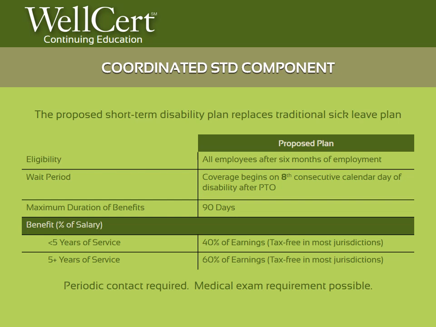And it could be, for instance, work days or calendar days, depending on how you wanted to structure it. But the idea is you don't have to wait 90 days, which is what the long-term disability provisions would require if you had only that long-term policy. So the maximum duration of benefits for this might be 90 days. So 8 days from the time that you are not able to work, this benefit then starts to kick in.